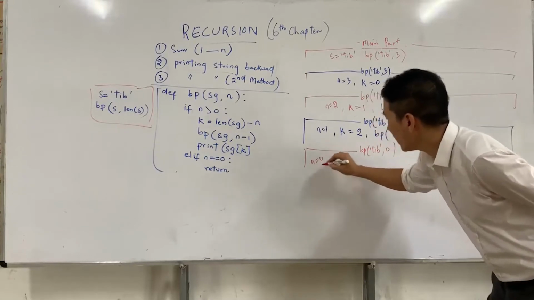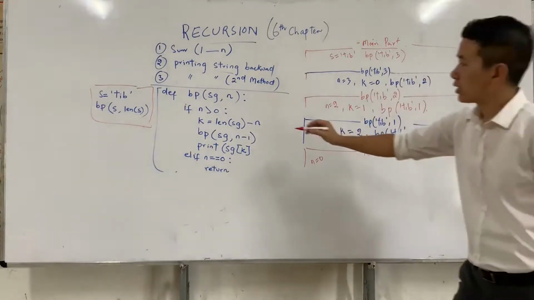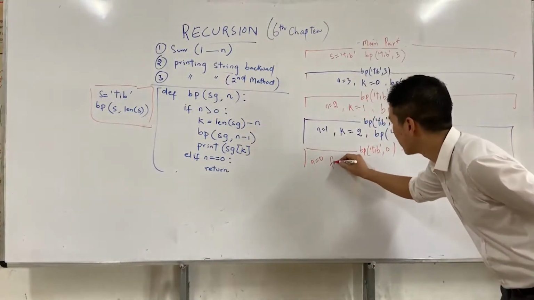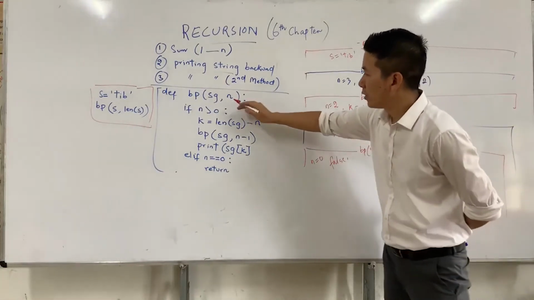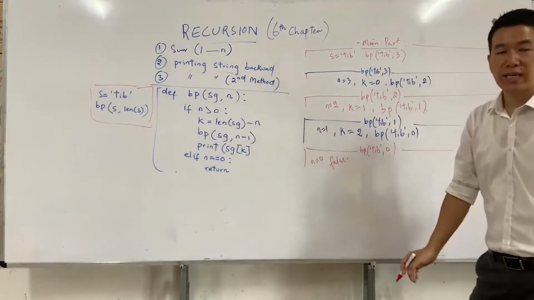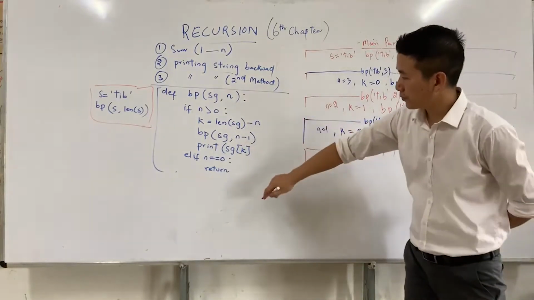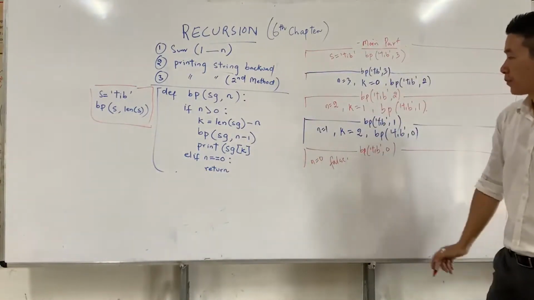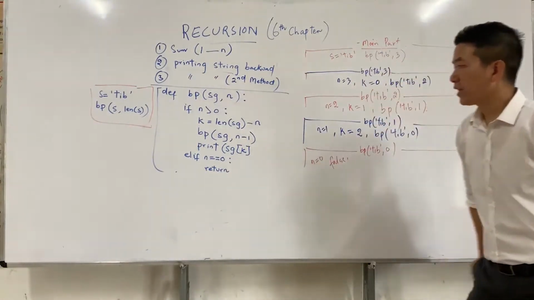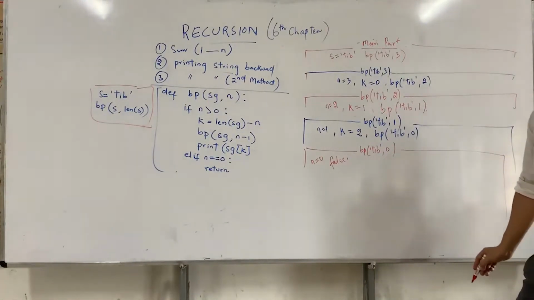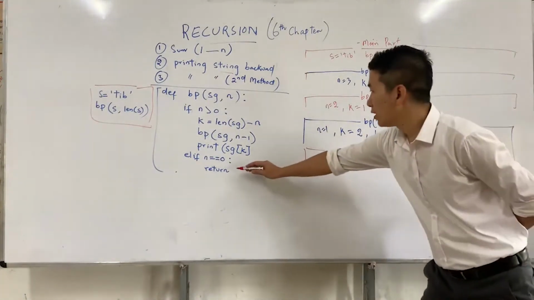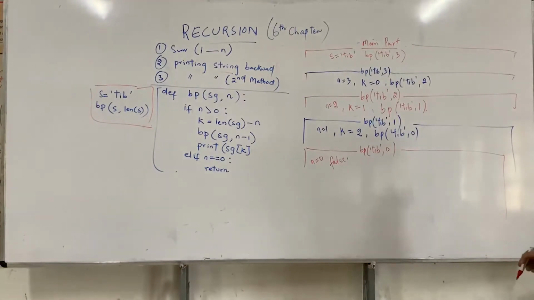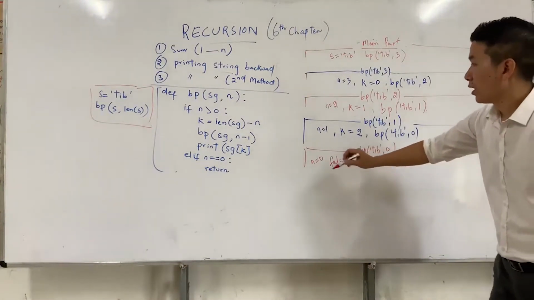Since the value of n is equal to 0, the condition becomes false, so these two statements will not get executed. Rather, this particular statement will be executed, which is the return statement.